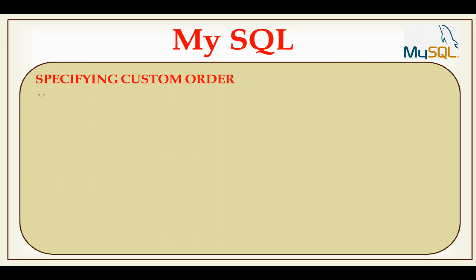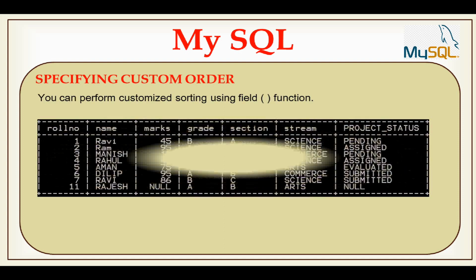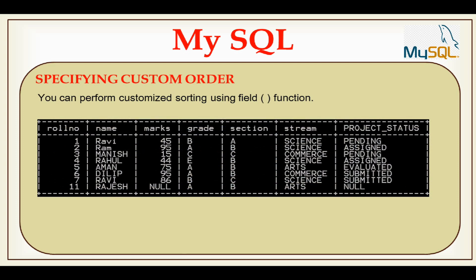For example, there is a column called project in our table student that is storing the status of each project. The status of the students' projects can be either pending, assigned, evaluated, submitted, or null. Null means it has still not been assigned any project.